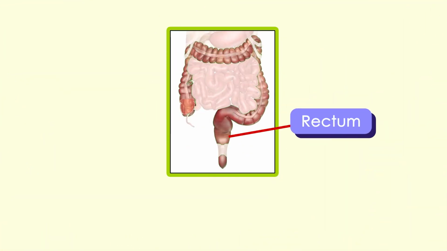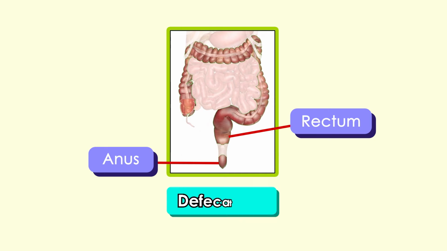Feces is stored temporarily in the rectum. The feces is then eliminated from the rectum through the anus. The process of the elimination of feces from the body is called defecation.